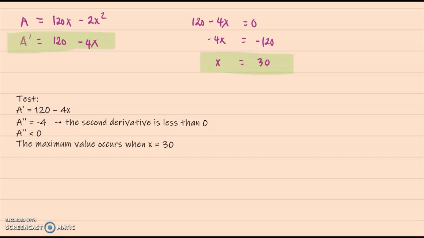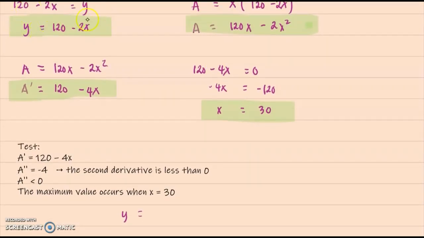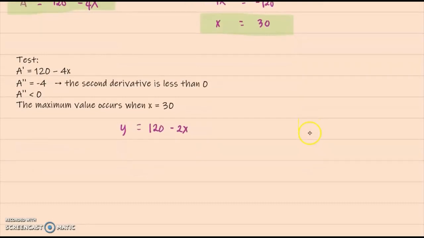Now we can solve for y. In solving for y, we will use the equation that we had: y is equal to 120 minus 2x. So y is equal to 120 minus 2 times the value of x, that is 30. So y is equal to 120 minus 60, so y is equal to 60.